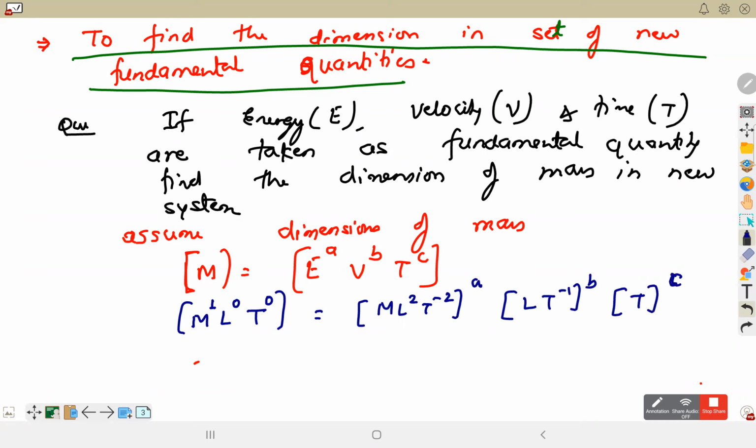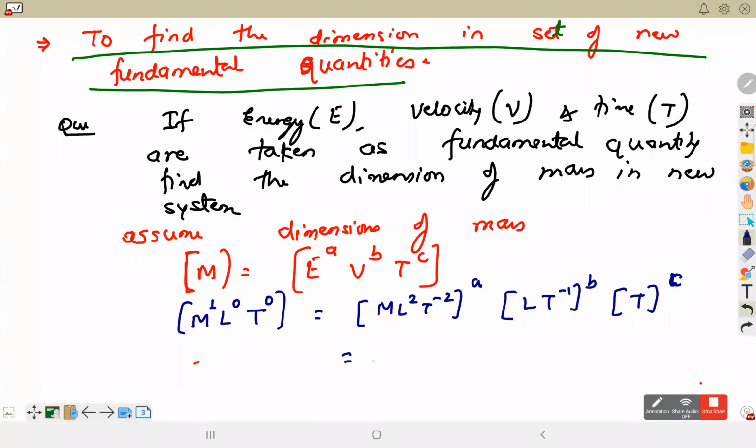So the method is the same, only the question is slightly different. Here we are not finding the expression; we are finding the new dimension of mass in the new system, where mass is no more a fundamental quantity.